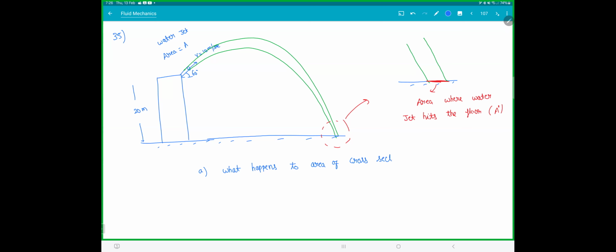Initially it is A. Second, find the maximum area of cross section of the water jet during this entire motion. The third thing, find A dash. When it hits the floor, how much is that area? Let's get this.